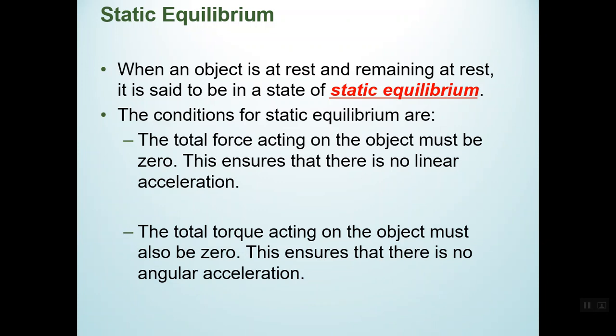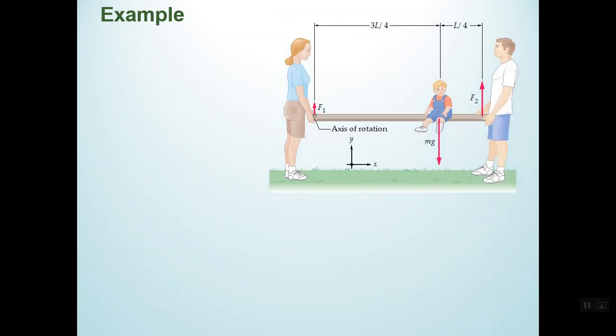As an example, let's apply this condition to the plank that supports the child as shown in this figure. Choose the upward direction of the forces as positive. The total force must be equal to 0.